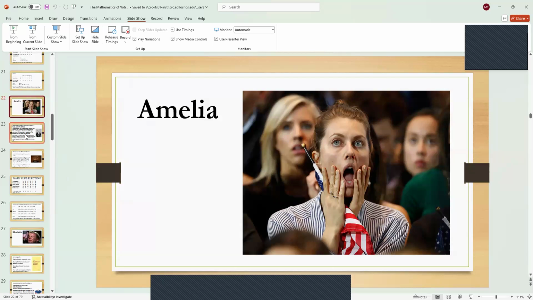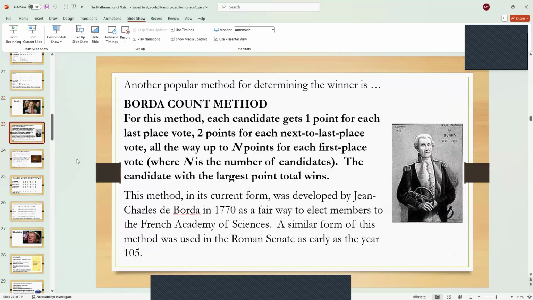Let's look at a third one. Third one is called Borda count method. For this method, each candidate gets 1 point for a last place vote. They get 2 points for a next to last place vote, and so on, all the way up to the first place vote. Say there are 5 candidates, they get 5 points for a first place vote.